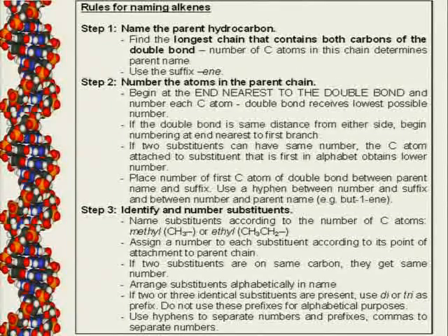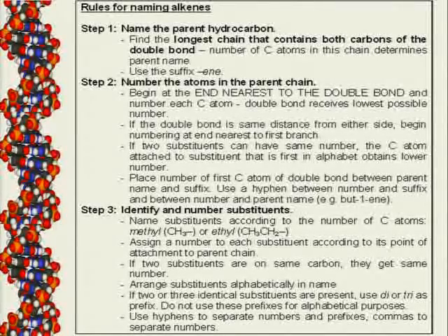All right. The next point there says, if the double bond is at the same distance from either side, you can number from any side. Just as you have seen with but-2-ene, I can number it from left to right or from right to left. I still get the same position of my double bond. And then the last point at step number 2 says you must place the number between when you write the name.